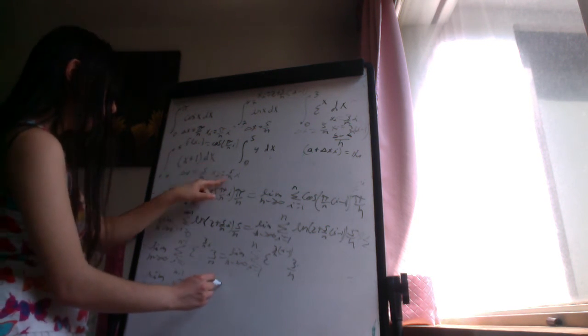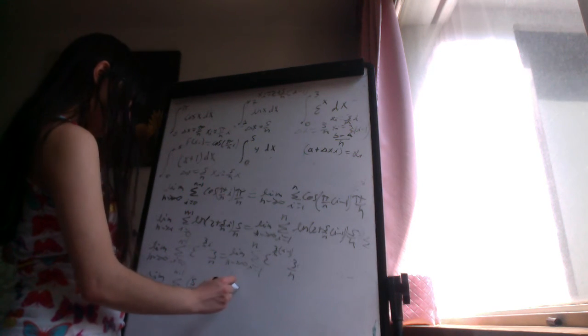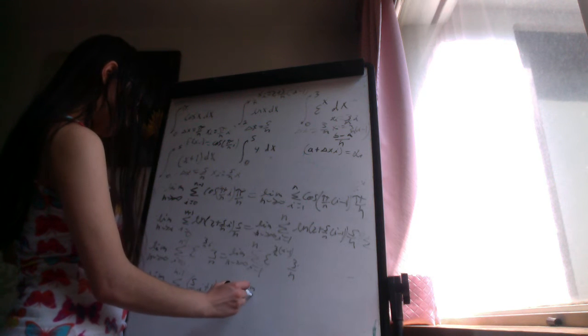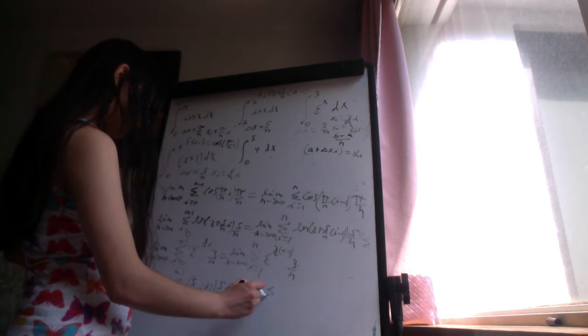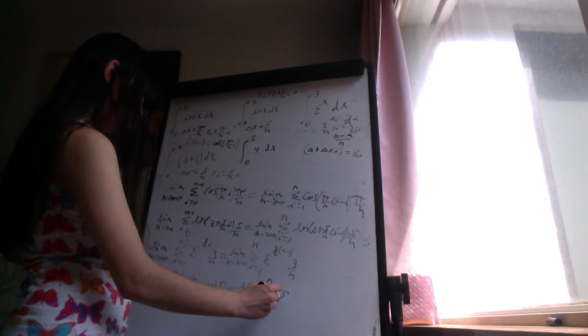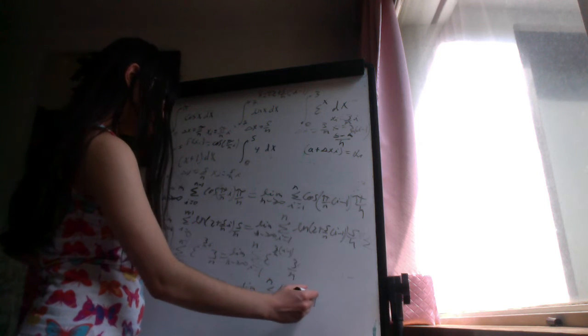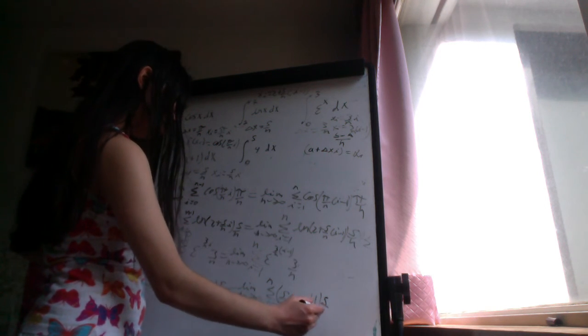Delta x is 5 over n. This is the same as the limit as n approaches infinity of the sum from I equals 1 to n of 5 over n times I minus 1, everything plus 1, everything times 5 over n.